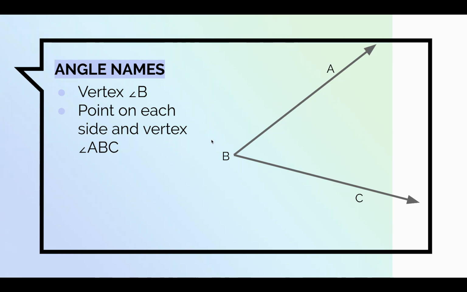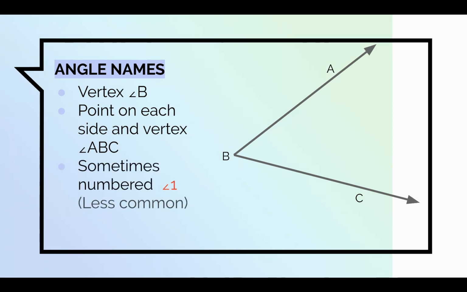Then the third way, which is not very common at all, but sometimes you're going to have to do it, especially when there are many, many angles. When you get into complex diagrams with lots of angles, like 8 angles, sometimes the author will simply number the angle and put the number inside the angle.